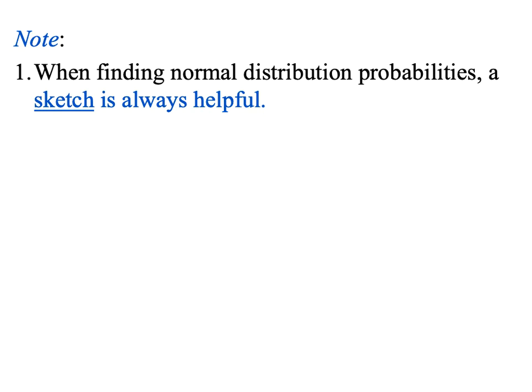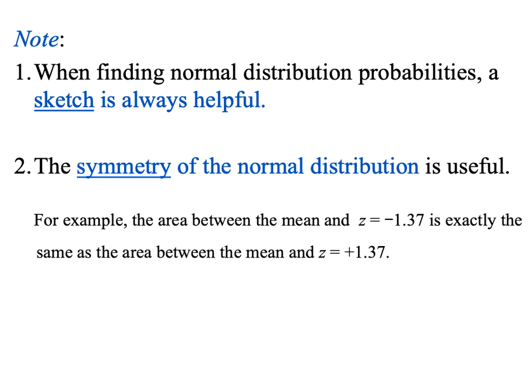And then also, we already talked about this actually, the symmetry of the normal distribution is really helpful. So if you know that the probability from 0 to 1 standard deviation above it is the same as 0 to 1 standard deviation below it, then that means that you can just draw your picture on the left, but know that you're still matching it up with the positive values of your z-scores on your chart. Okay, so let's do another one.